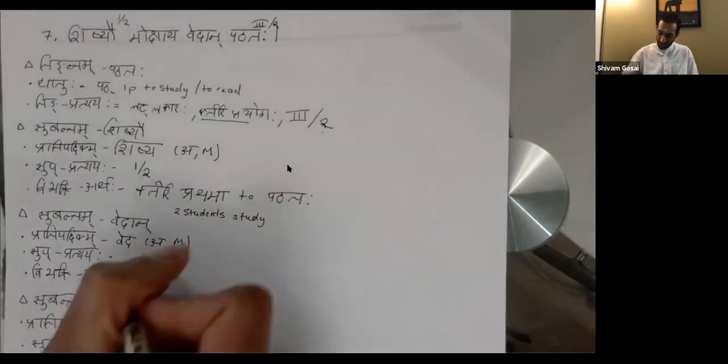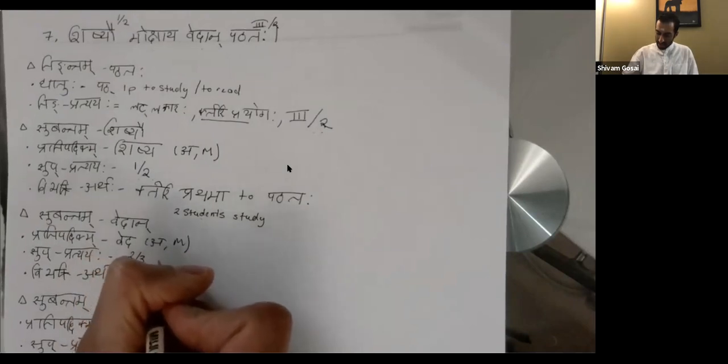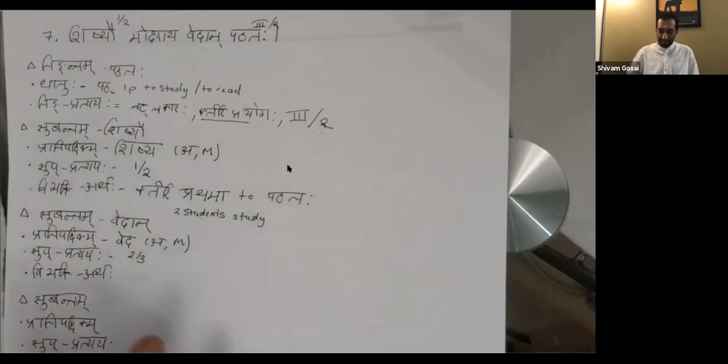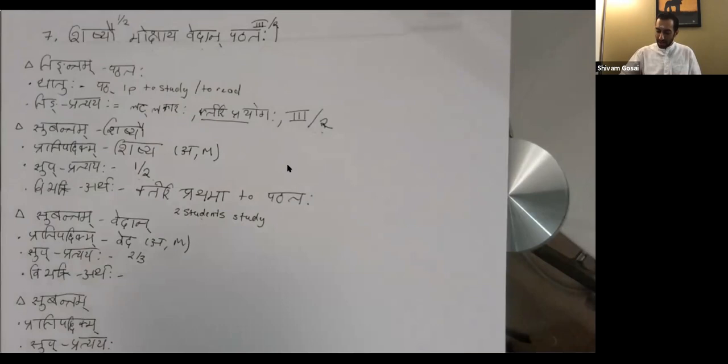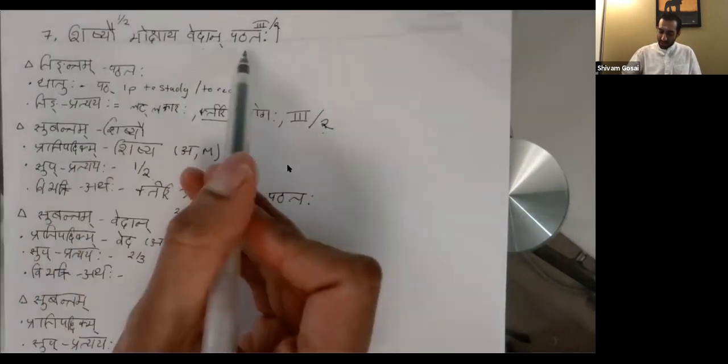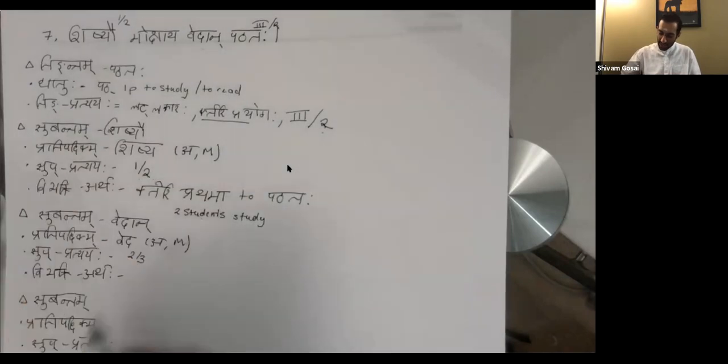So 2, 3. When you write 2, 3, make sure in your head you're saying Dvitiya Vibhaktihi Bahuvachanam. Don't lose that vocabulary. It's too early to lose the vocabulary. We just learned it, so we don't want to lose it, okay? It's very important. Now the Vibhakti Artha, right? Two students read, what do they read? They read the Vedas.